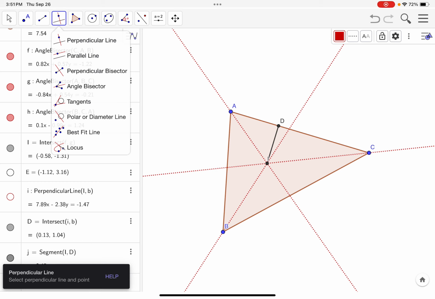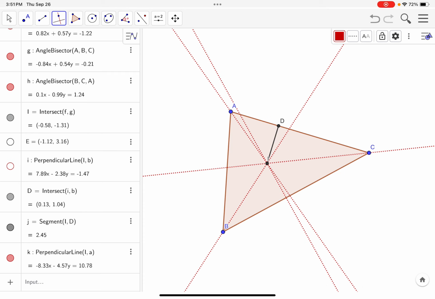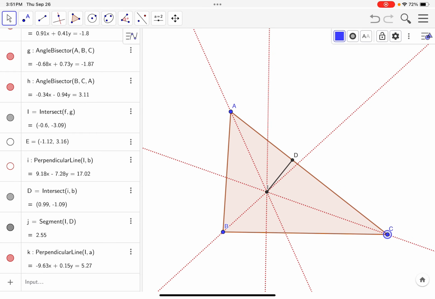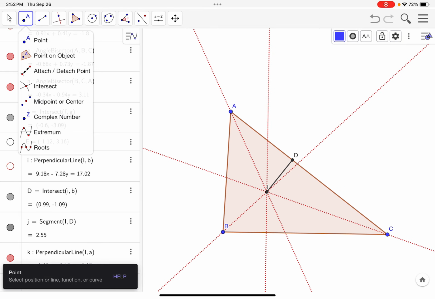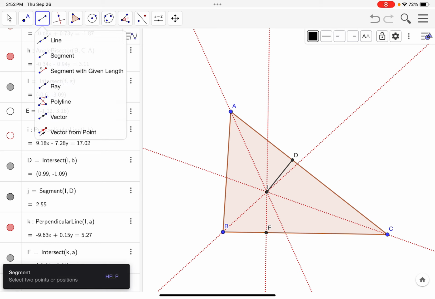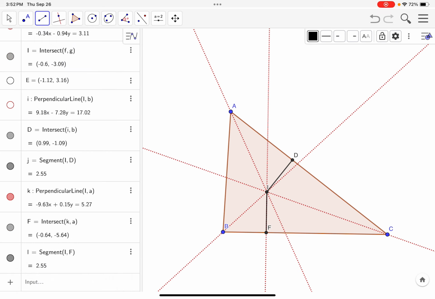I'll drop a perpendicular to side BC next. So this side passing through A. Sometimes it's kind of hard to see which one is there. It's easier to see. So this one is the spot where we would have the perpendicular. So that would be a drop perpendicular as well.